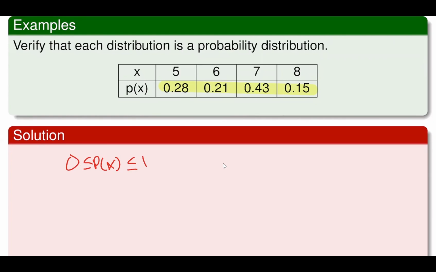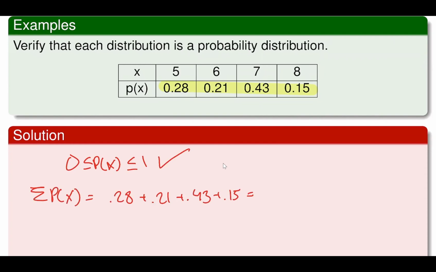No. Cool, no. So since we don't have any probability higher than 1 or less than 0, this one checks out. Now I want to check to see if I add up all the probabilities, does it add up to 1? So we're going to say 0.28 plus 0.21 plus 0.43 plus 0.15. And we want to see, does that add up to 1?